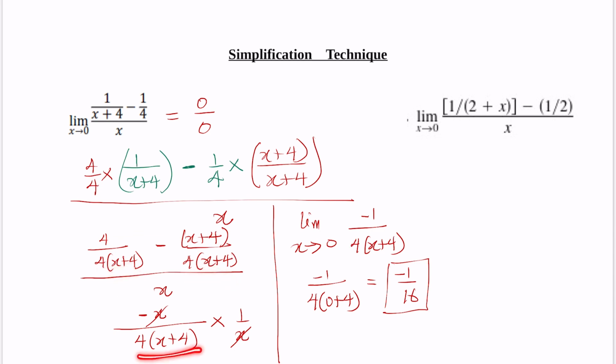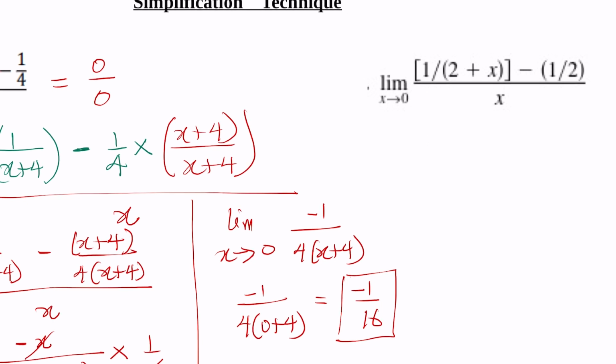So we had 4 times x plus 4. Then remember this is divided by x, so we reciprocate it, which is 1 over x. This x cancels out, and we have negative 1 over 4 times x plus 4. Then we can apply direct substitution, and that gives us negative 1 over 16.